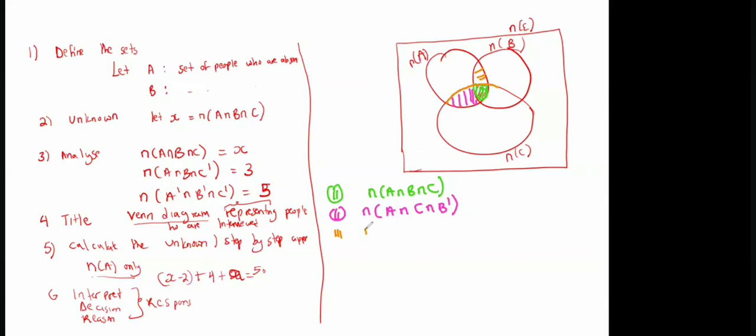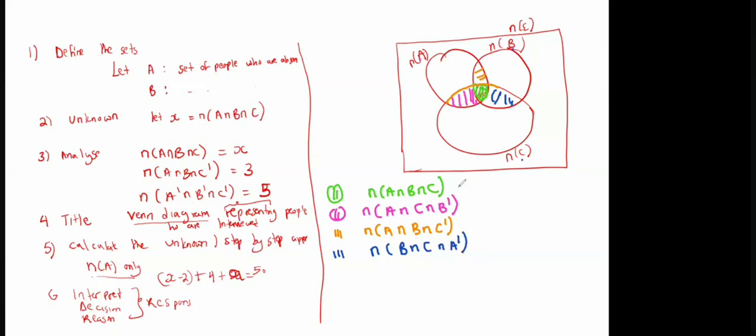So here we shall say A intersection B, but C is outside. Then the region represented by this blue here is the region that has B and has C. So you call it B intersection C, but doesn't have A. So that's how we call it.